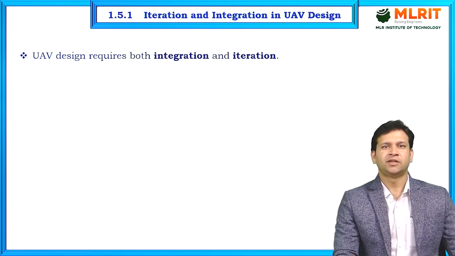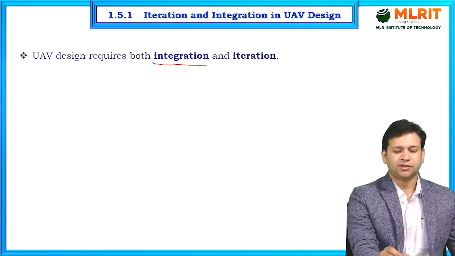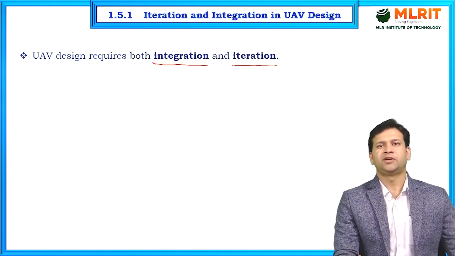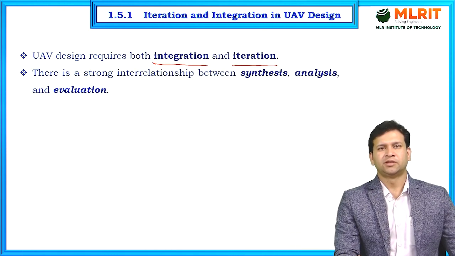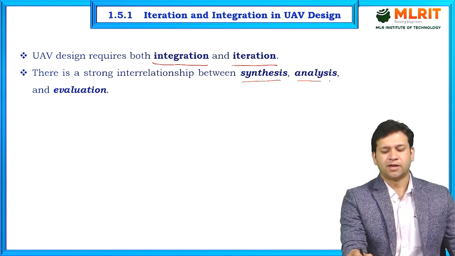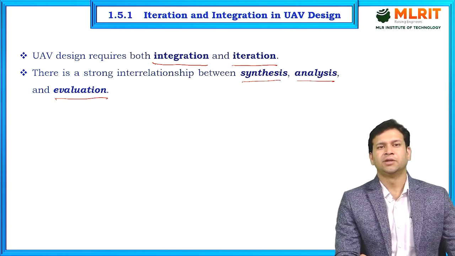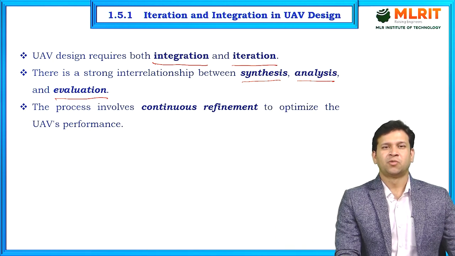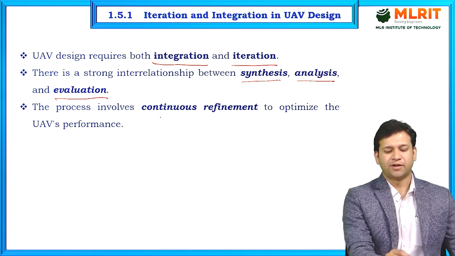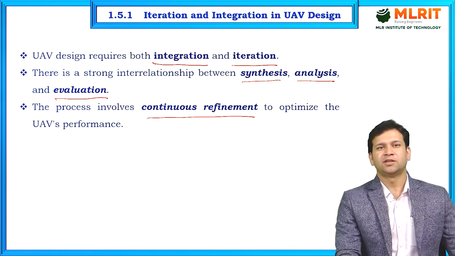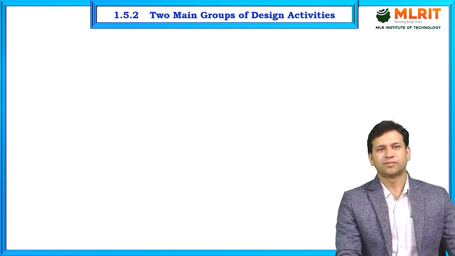UAV design requires both integration and iteration. It's an iterative process. There is a strong interrelationship between synthesis, analysis, and evaluation. The process involves continuous refinement to optimize the UAV's performance.